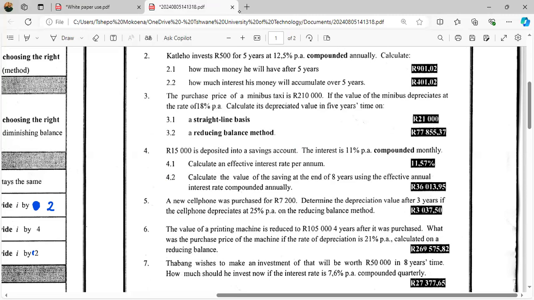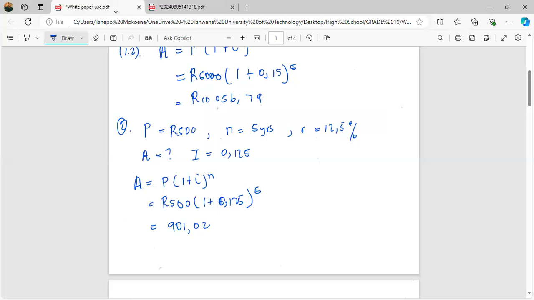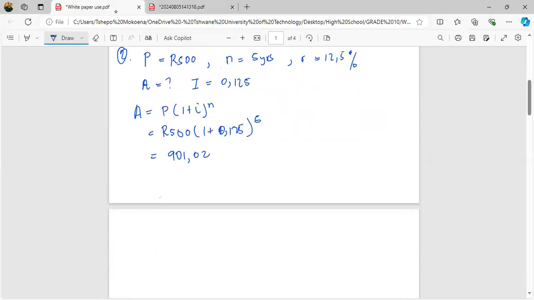So 2.2 says to us, calculate how much interest this money will accumulate over 5 years. So we want the interest this money will make over 5 years. To calculate the interest, you say your accumulated amount, subtract your principal. So we want to know how much interest this money made.